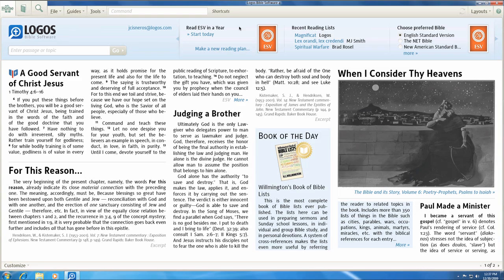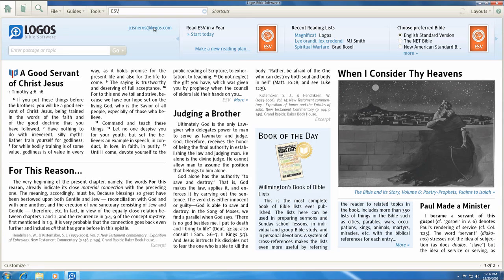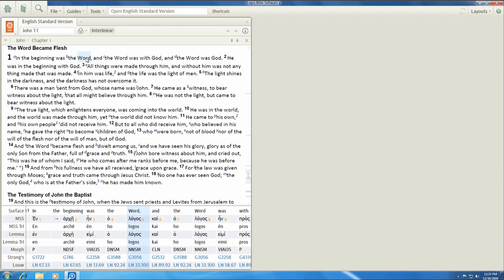First, let's open up a Bible. We're going to open up the English Standard Version, so we can just type into the command bar here, ESV, and we'll open that. And the word that we want to look at in this passage is the word "word."